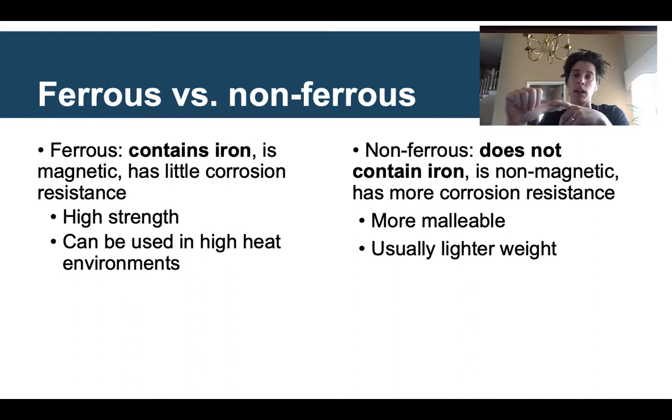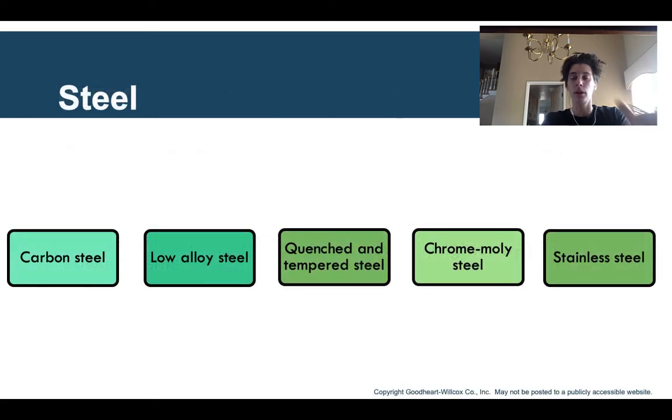Non-ferrous does not contain iron, is non-magnetic, but has more corrosion resistance, is more malleable, and is usually lighter weight. Aluminum is the big one. Something like bronze, brass, copper, and other stuff like that. Anything that does not contain iron is non-ferrous. Anything that does contain iron is ferrous. So those are some good vocab words you might see or hear thrown around.